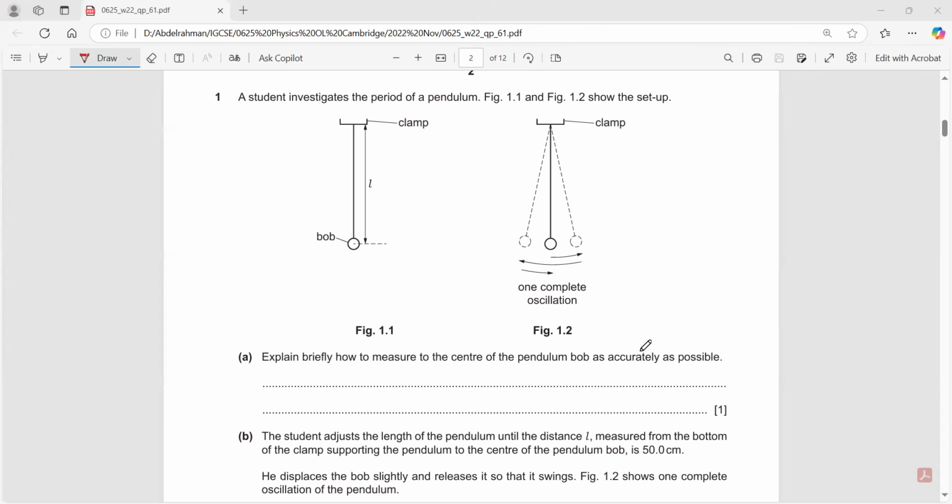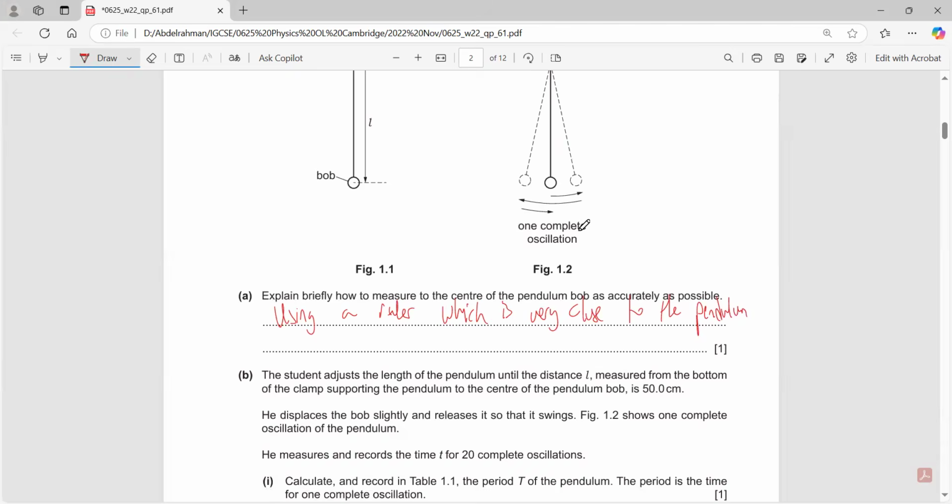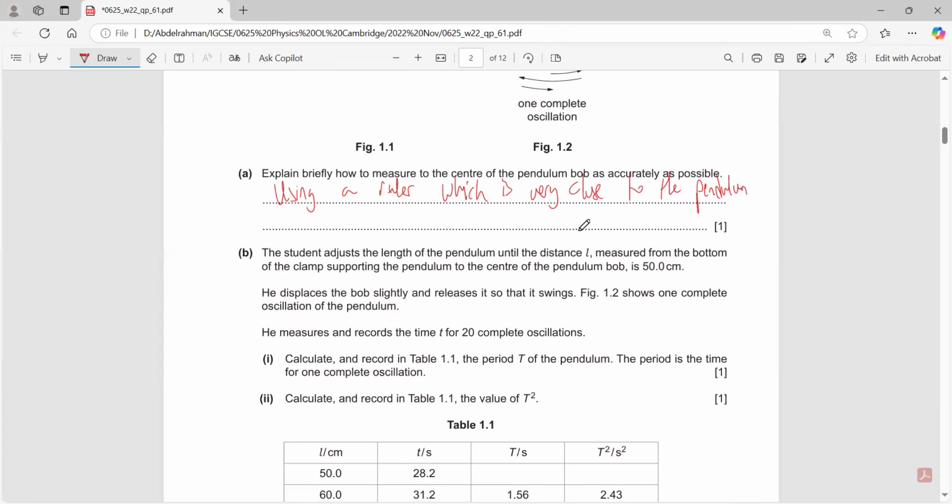Explain briefly how to measure: using a ruler which is very close to the pendulum. You can say take the reading perpendicularly to avoid the parallax error as well, if you'd like.